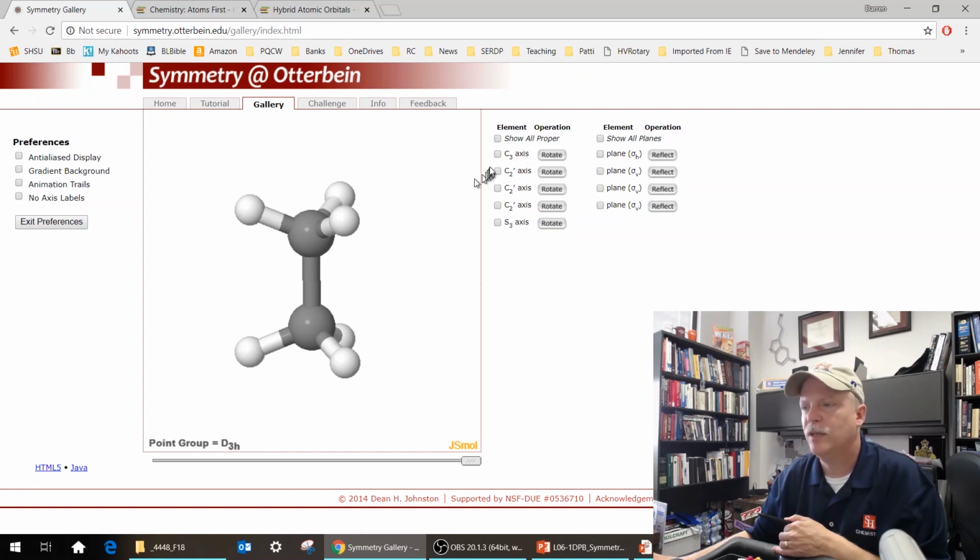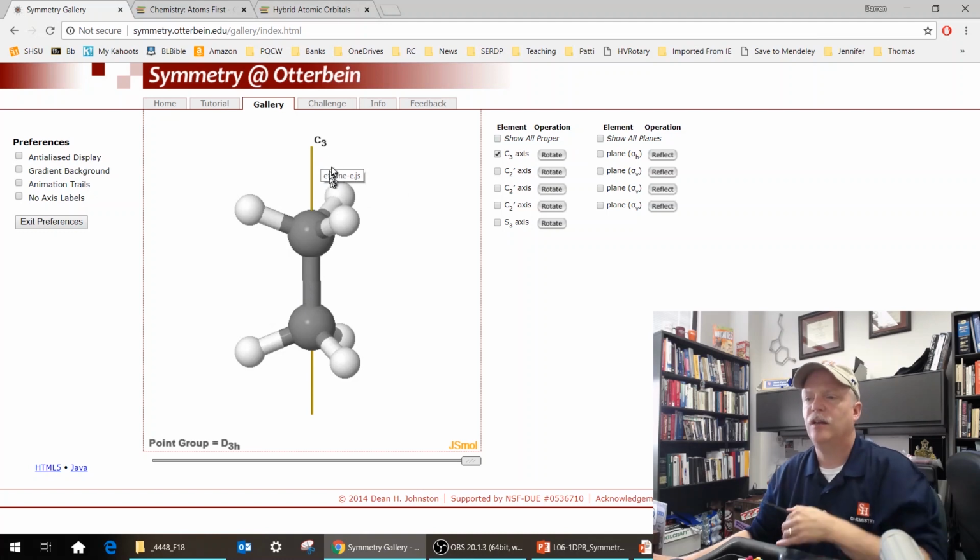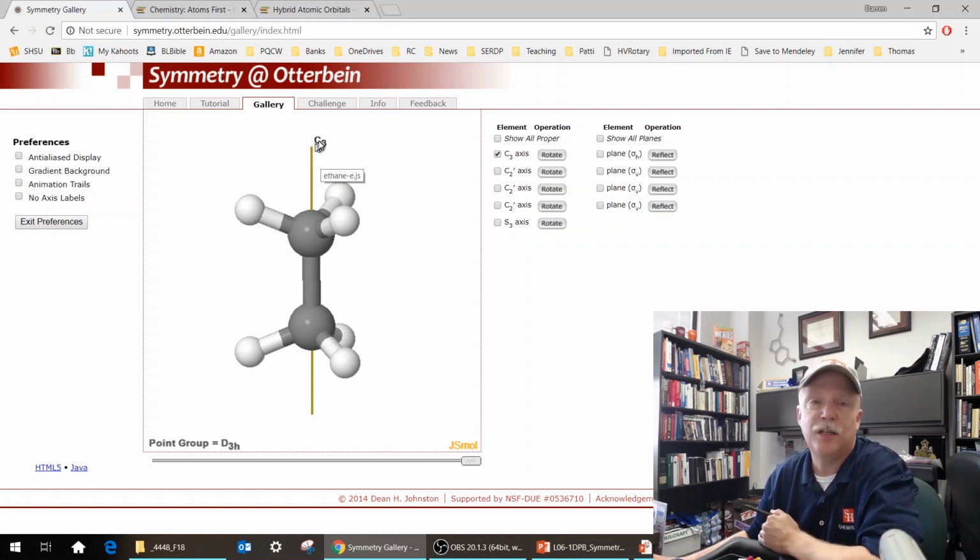Next, let's look at the horizontal plane of symmetry. So we have the highest symmetry rotation axis. This little n, we say the highest n-fold rotation. So 3-fold rotation would be this axis here. This would be a 2-fold rotation. So 3-fold is higher than 2-fold, and 3-fold rotation is the highest symmetry axis.